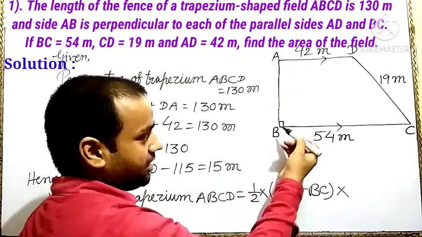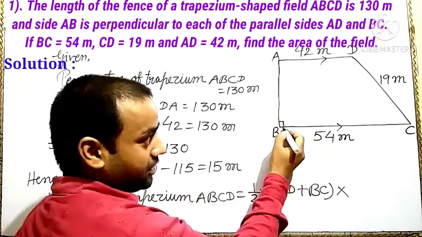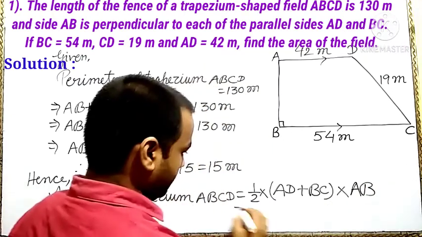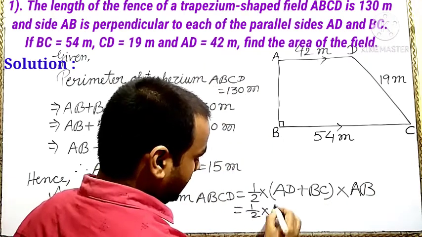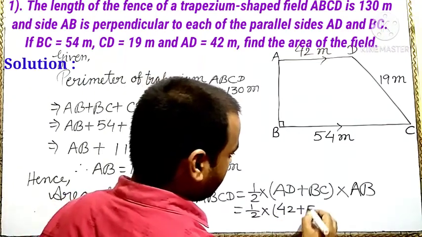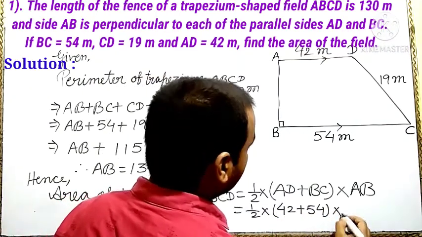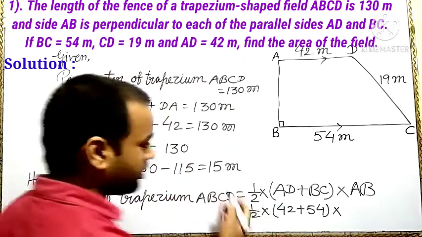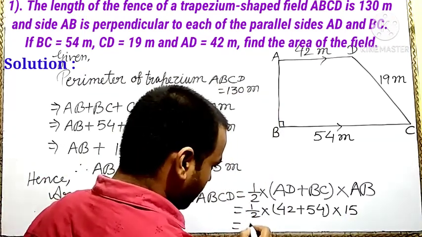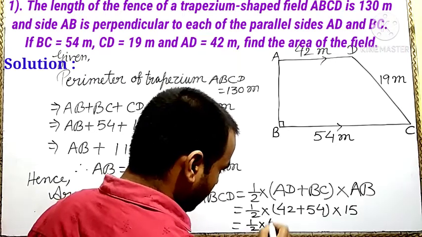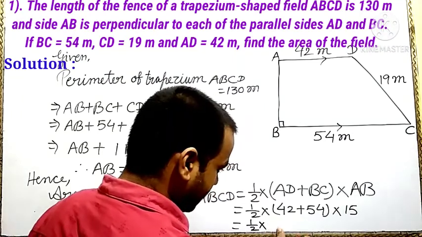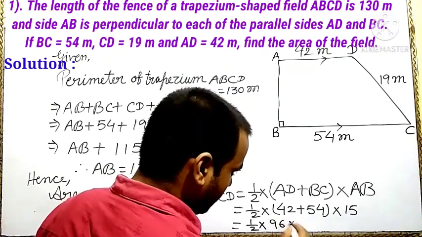The height here AB, because this is perpendicular, so into AB. Half into AD plus BC given 42 plus 54 into, here find AB is equal to 15, is equal to 1 by 2 into 42 plus 54, we get 96 into 15.